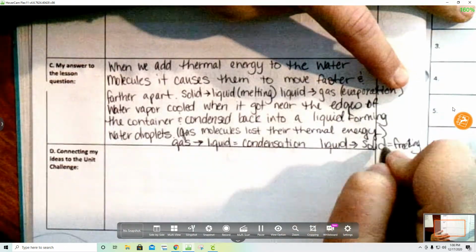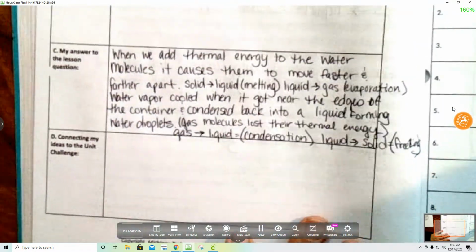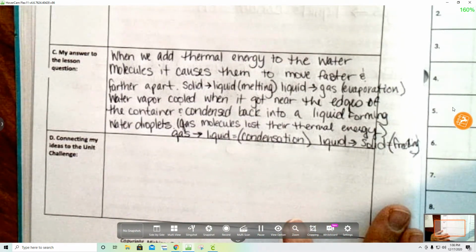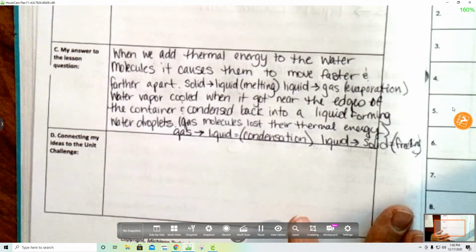I apologize. There's not very much room for all of these things. Okay. So again, if you need to pause, please make sure to do that before moving on to the next part.